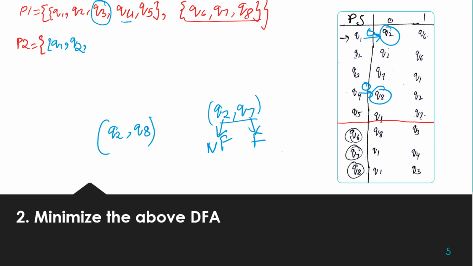Q2 is part of the non-final state group and Q8 is part of the final state group. So the resultant states for input symbol 0 are part of different groups in the previous partition P1. So we can say that Q4 is also not compatible with Q1 and cannot be kept in the same group with Q1.